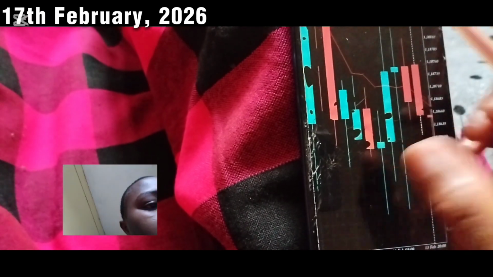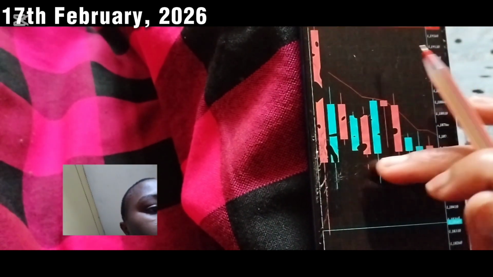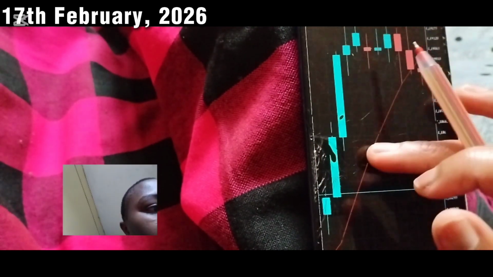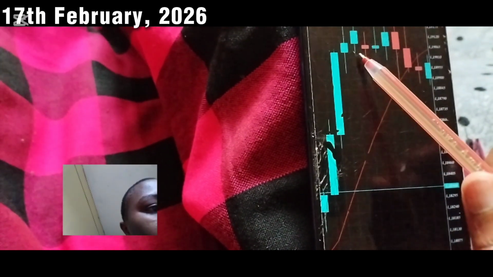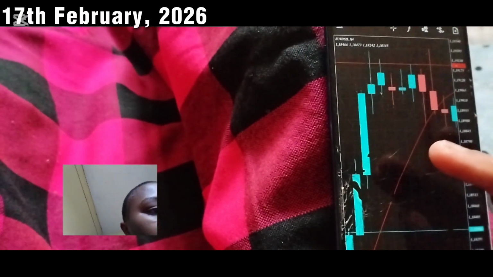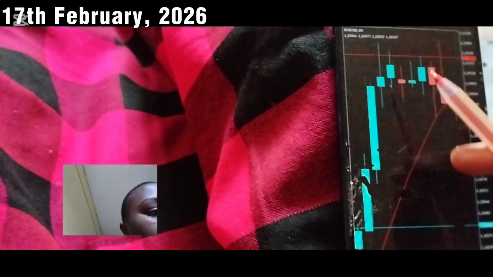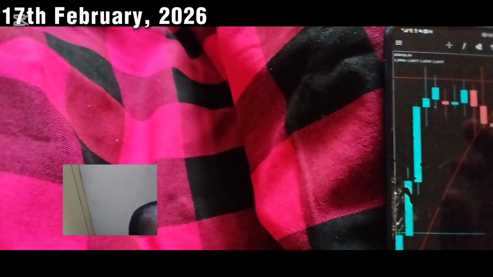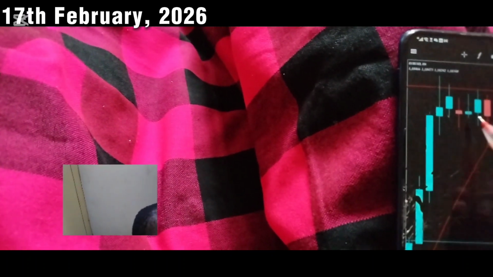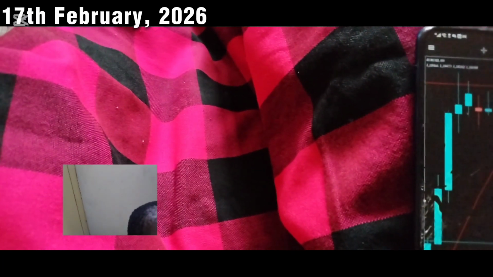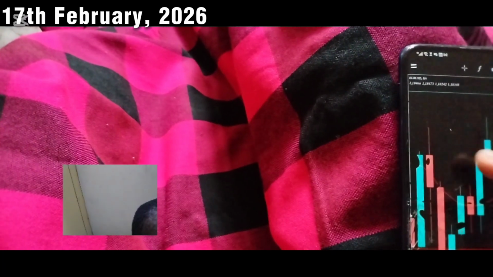Then I believe these two. This is it? You know, I'm choosing that not because I know, but because I can see there is no, like, the wicks are too long. Yes, this, and this could be the dragonfly or the other one, whatever. Not sure. Okay, then try and look for more.